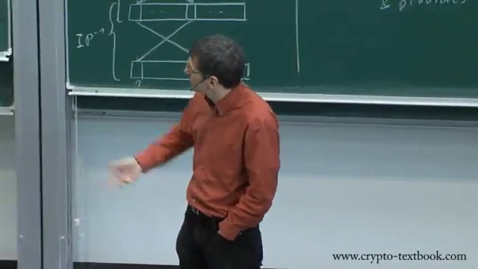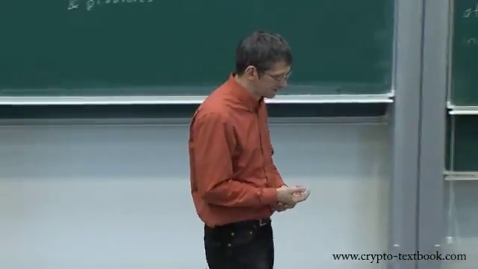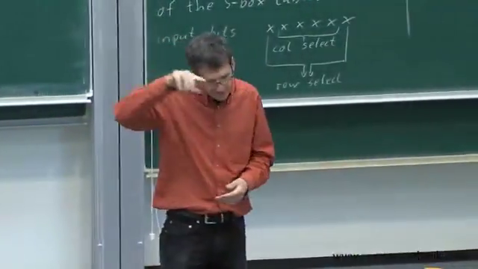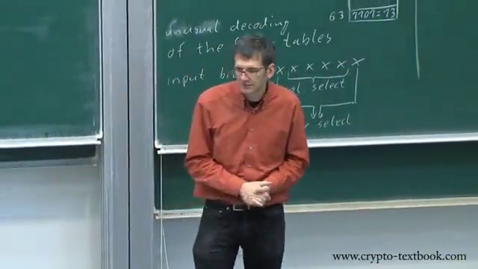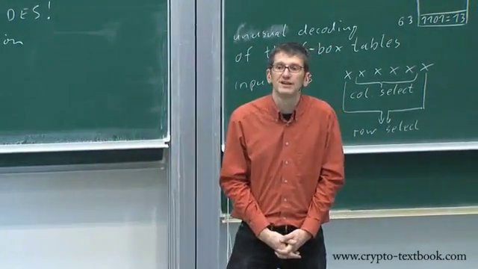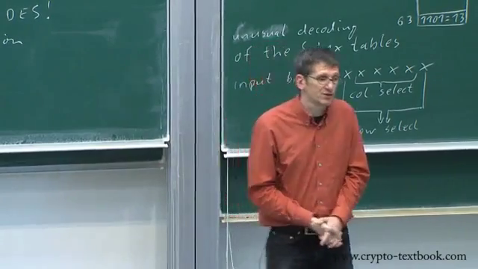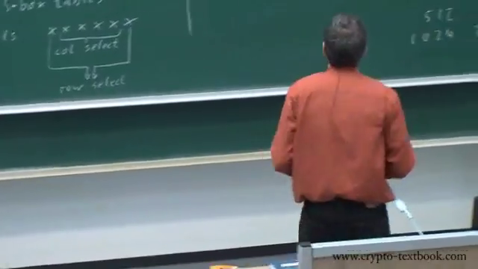1990, so 16 years afterwards, two researchers, Adi Shamir, the S in RSA, and Eli Biham, two really excellent world-famous scientists from Israel, found a way of breaking DES in principle. Okay, that was called differential cryptanalysis.